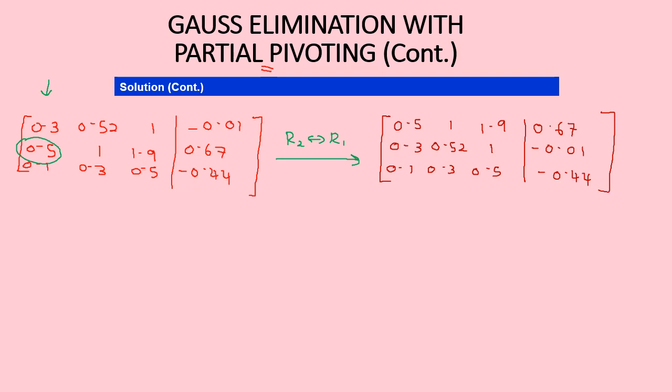So from here, we can see our pivot element, this is the pivot element, becomes the largest value compared to 0.3 and 0.1.